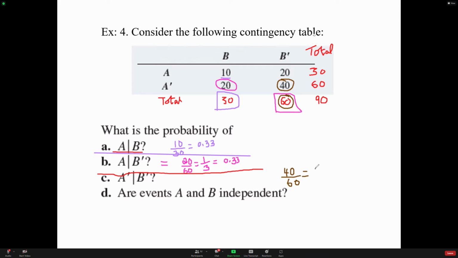So this can be 2 over 3, which is 0.67, rounded off. So this is part C.